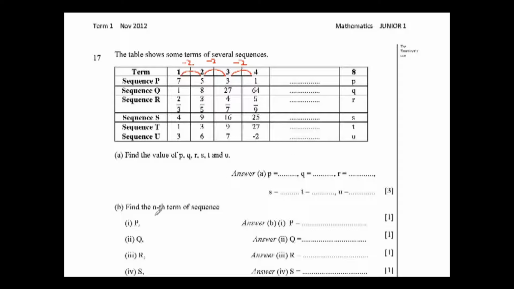So P is a linear sequence, where the general equation for a linear sequence is a plus n minus 1 times the common difference. The first term for sequence P is 7.